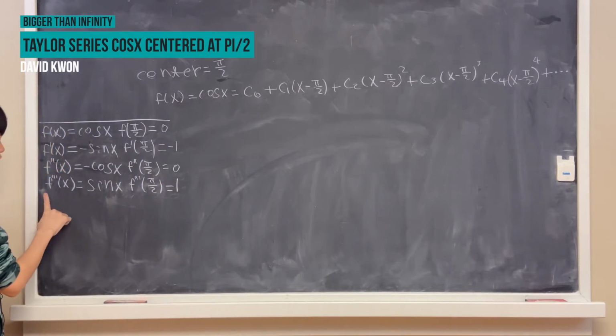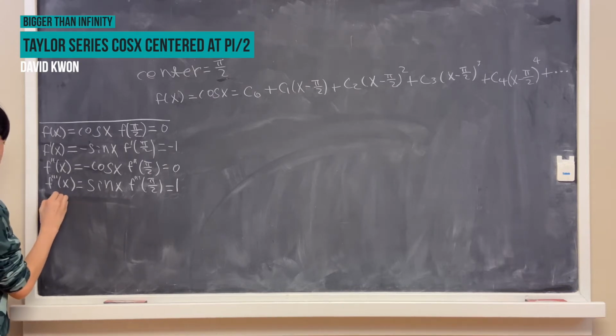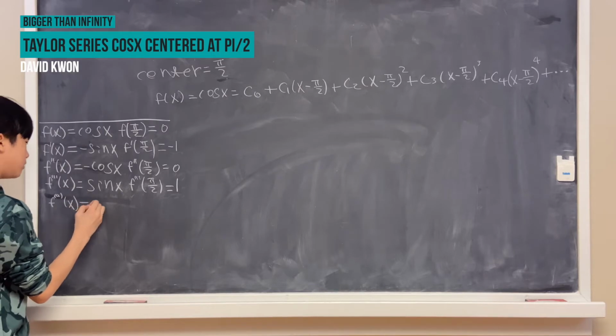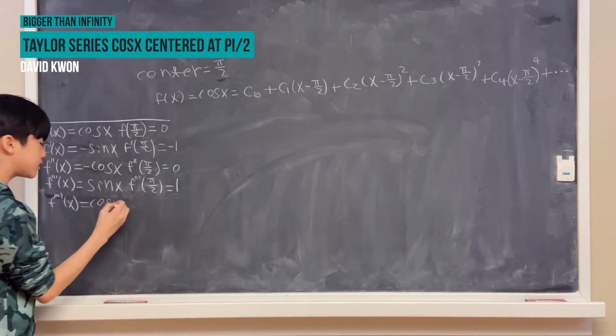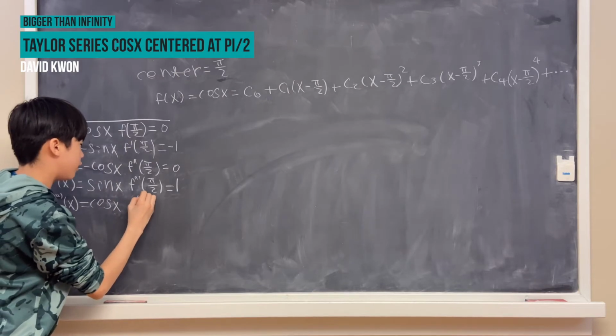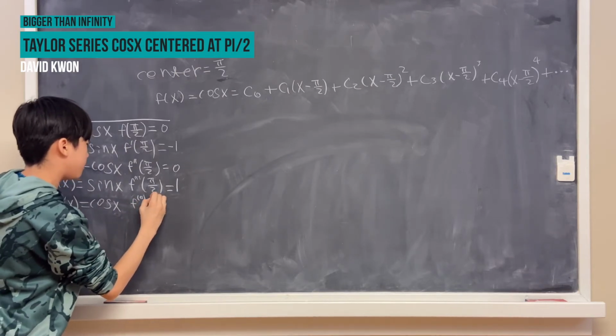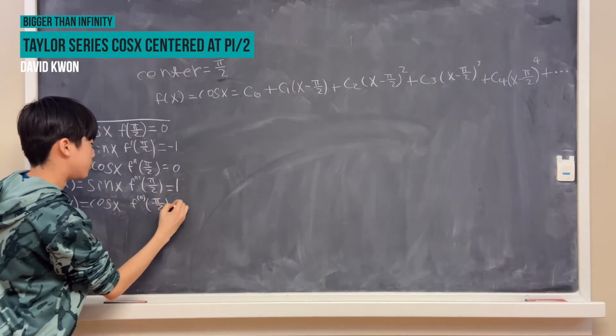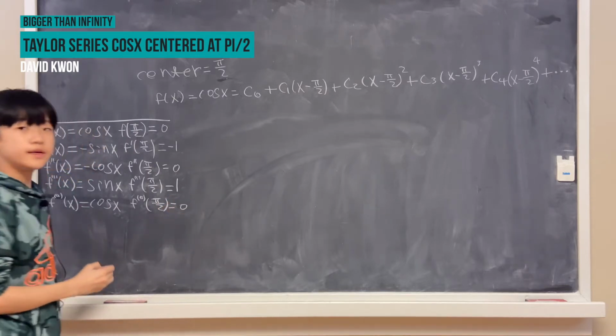Then differentiating sine x, we get f to the power of 4 of x equal to cosine x, so our f to the power of 4 (pi over 2) is equal to 0.